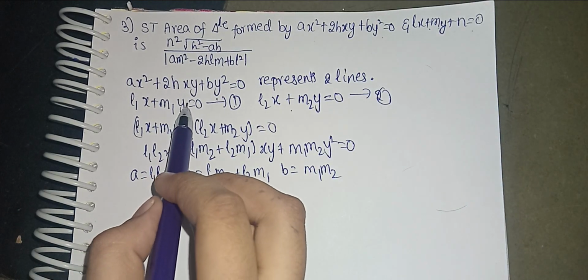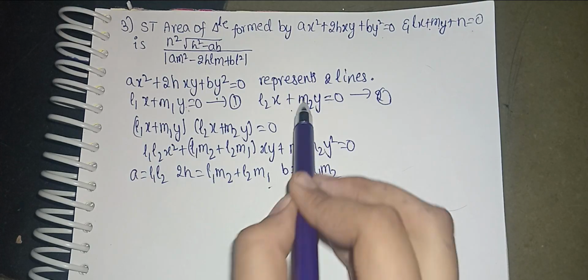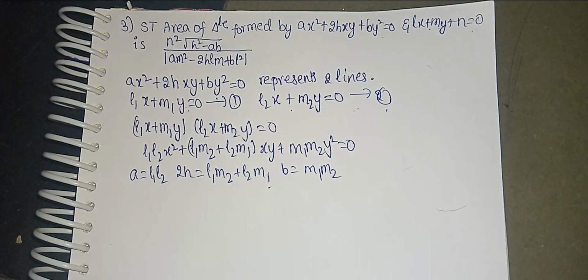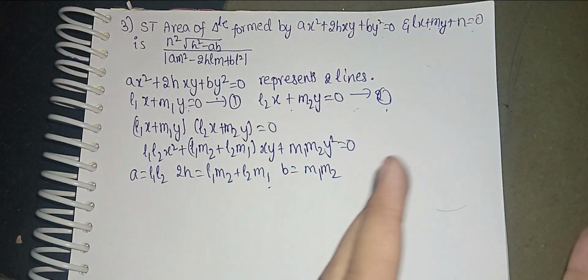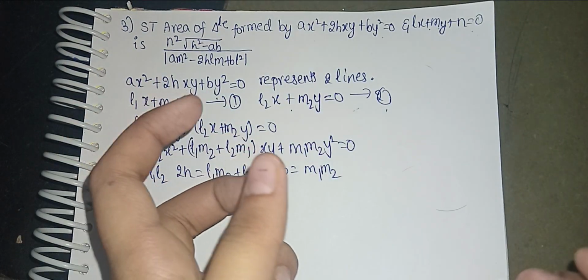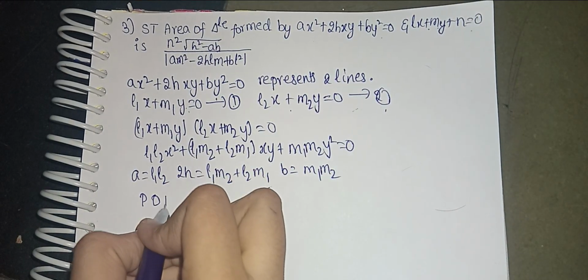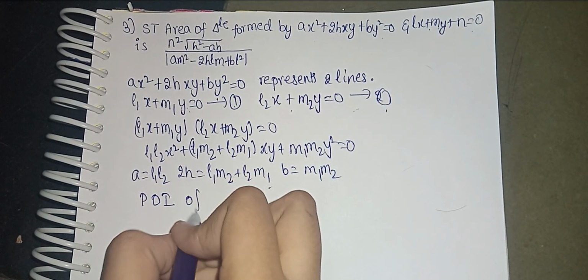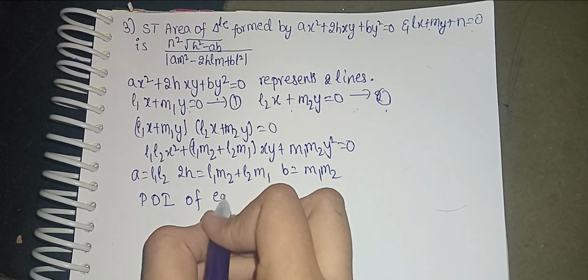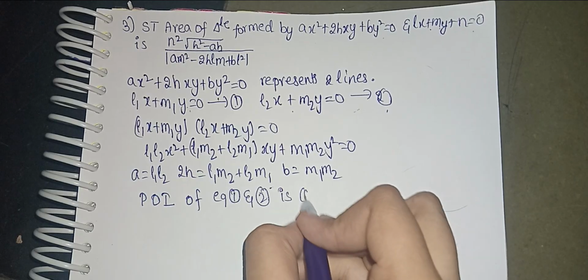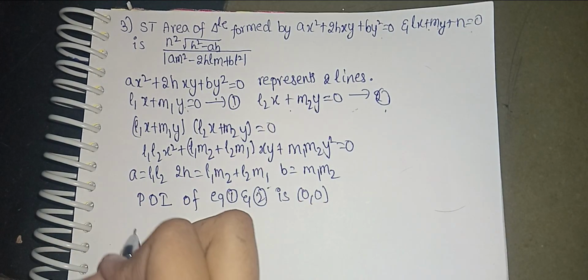See here, there is no constant in this equation. If there is no constant in any equation, those two lines intersect at the origin. So the point of intersection of equations 1 and 2 is the origin, 0 comma 0.